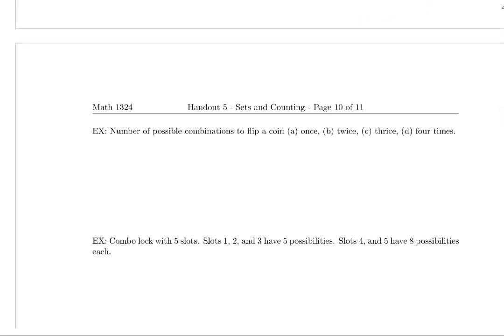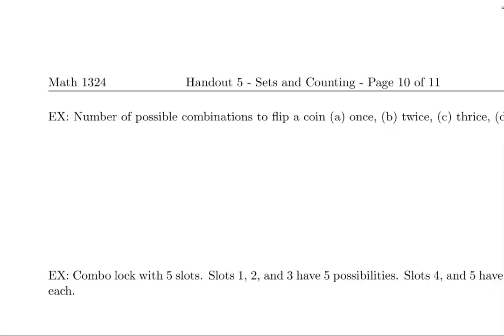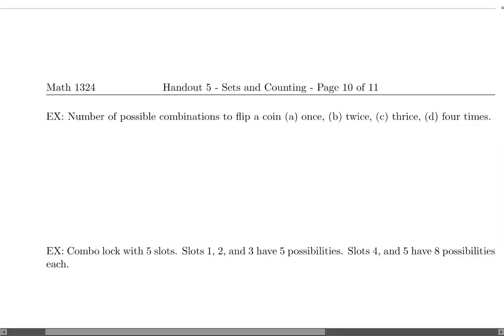Alright, so we're going to do a couple of examples. Here we just have the flipping of a simple coin. Quarter, peso, dime, nickel, whatever, doesn't matter. Right, 2 sides to a coin. And so if you flip it once, what is the number of outcomes? Well, it's either heads or tails.